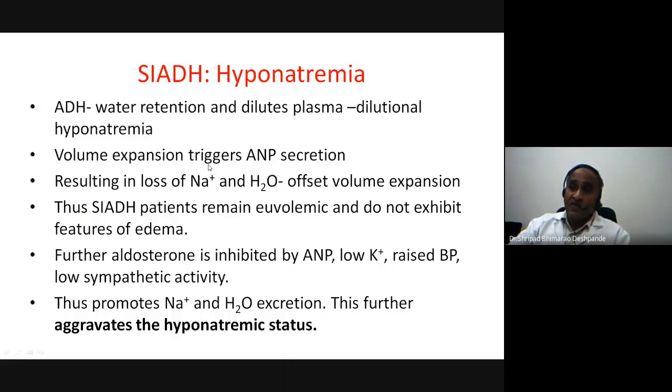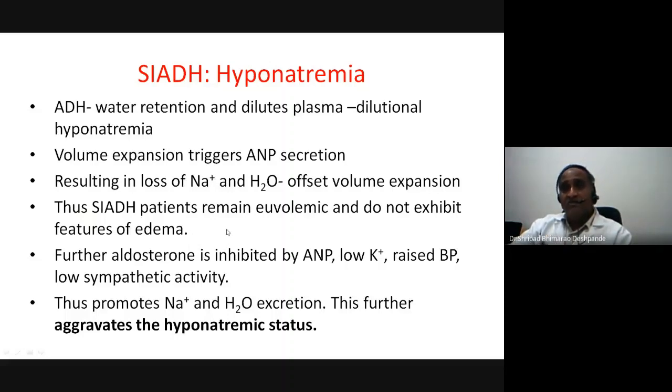By doing so, it tries to compensate for or balance the volume expansion. ANP is particular for volume expansion, so it will try to diminish or balance the volume expansion resulting from the water retention created by the ADH. That is why SIADH patients are euvolemic and do not exhibit any signs of edema, because there is no extra fluid there.